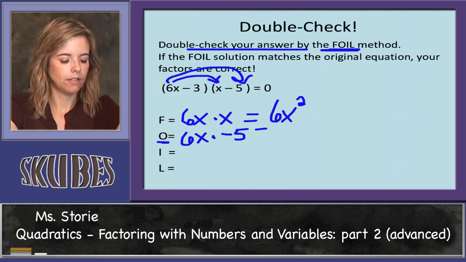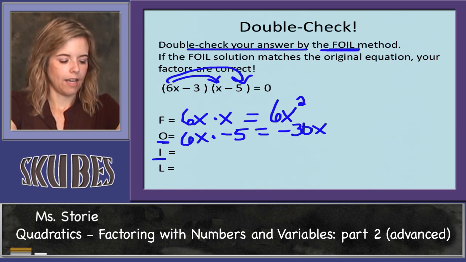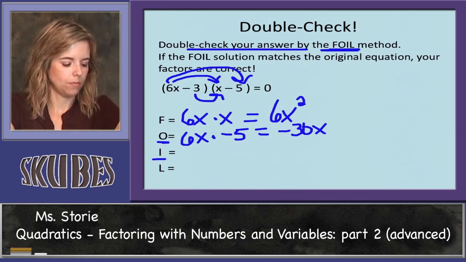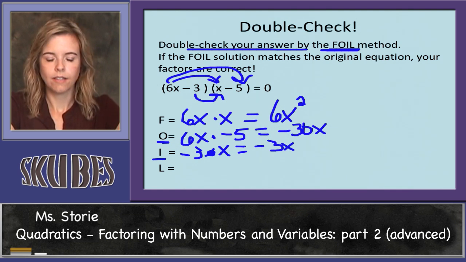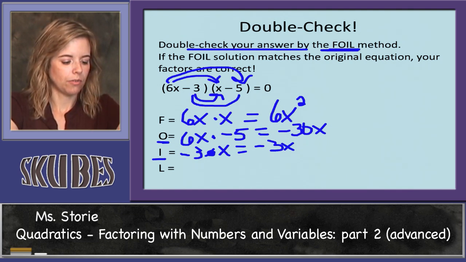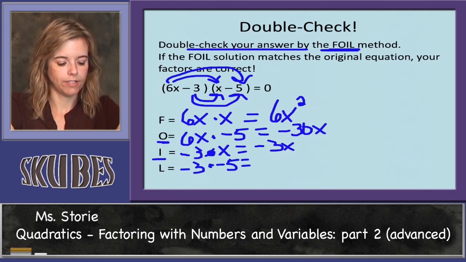Notice I take the sign with it, and that's -30x. I stands for inside, so now you're going to distribute the -3 to the x, the inside terms. Again, take the sign with it. -3 times x is going to give you -3x. And then your last term is when you take -3 times -5. And if you multiply 2 negatives together, you get a positive, so it's 15.